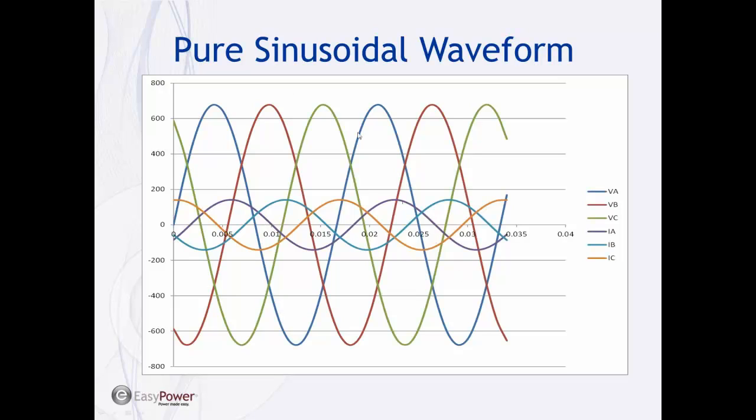Now, whenever we have nonlinear loads, for example, rectifiers, converters, static var compensators, and any saturation in the core of magnetic circuits, we get nonlinear output.